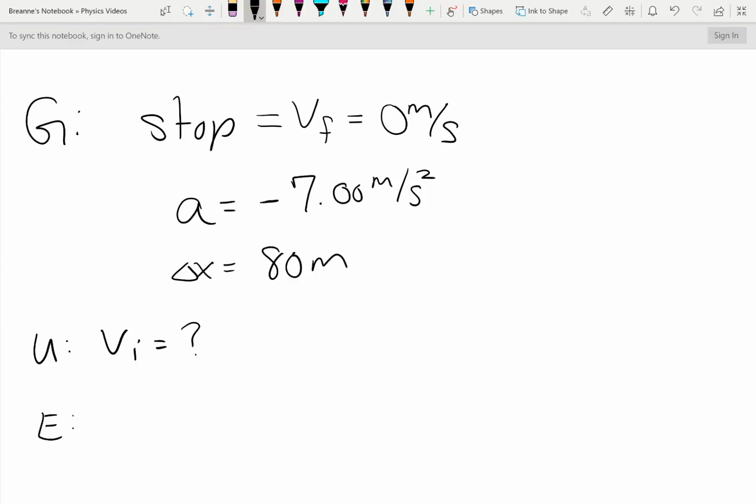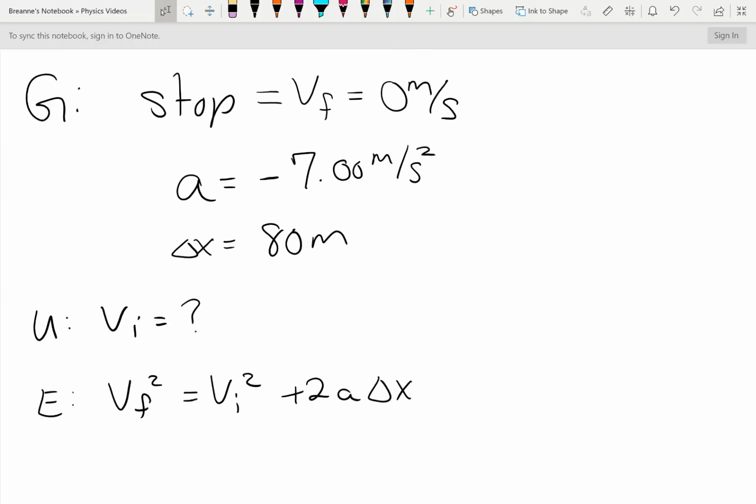We need an equation that has final velocity, acceleration, displacement, and initial velocity. The only one that has all of those is Vf squared equals Vi squared plus 2aΔx. So that's our equation.